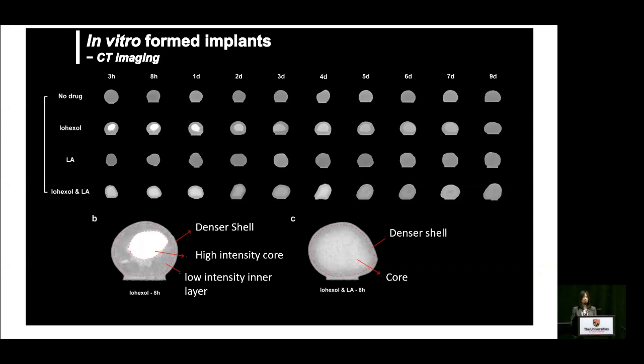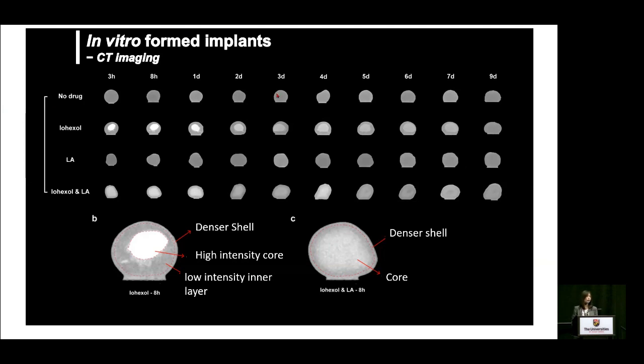But for the iHexol only, you can see that it has a very high intensity core, which represents iHexol accumulated in the core. And on the surface, you can also see a little bit of iHexol deposition, trying to diffuse out from the core.